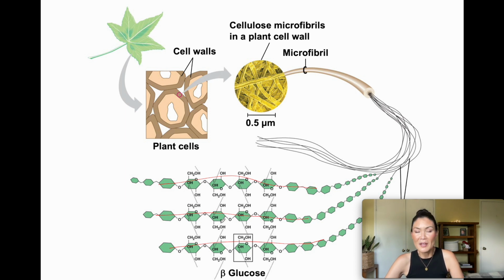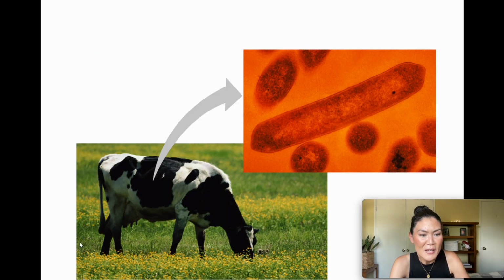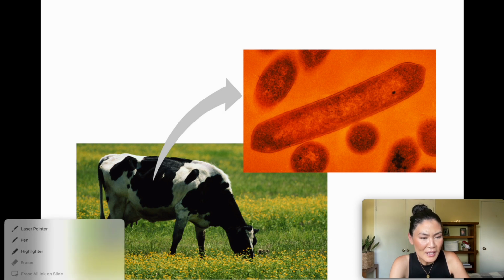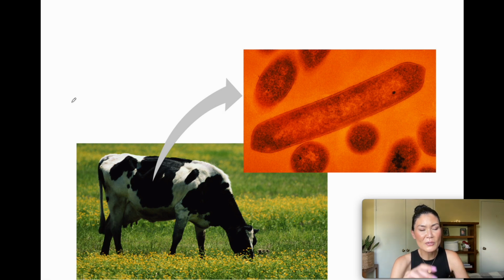I hope you never do that. But who's going to win? You or the tree, right? Obviously the tree. The tree is much more tough because there's so much cellulose, so much strength within the body of that tree, okay?